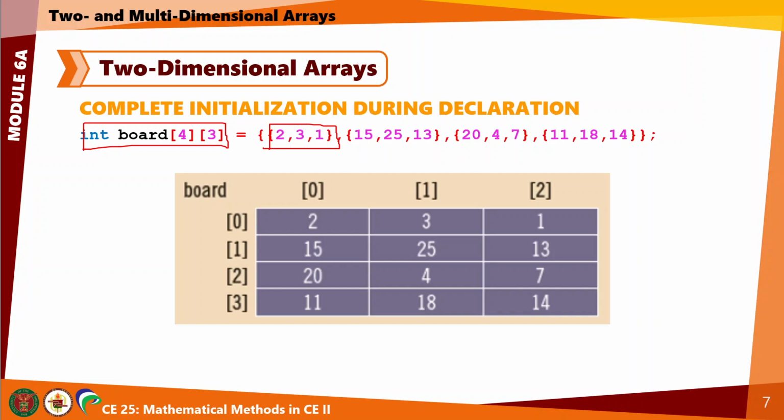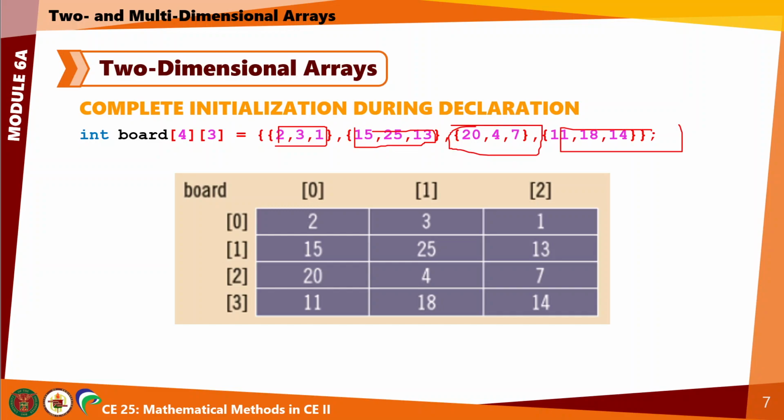Okay, so bawat laman ng bawat row, hinihiwalay lang natin ng braces and commas. Pero yung elements sa loob ng isang row, separated by commas lang. Okay, so first row to, second row, third row, fourth row. We expect na may apat na rows with 3 elements each or 3 columns each. Kaya ganito itsura na. Okay, so 2, 3, 1, ito yun. 15, 25, 13 ito. 20, 44, 7 ito. 11, 18, 14 ito. Okay, so ganyan ang mag-initialize during declaration ng ating 2D array completely.